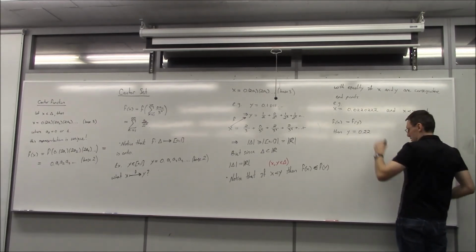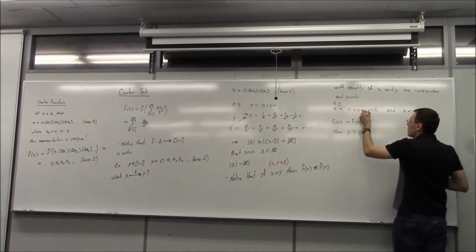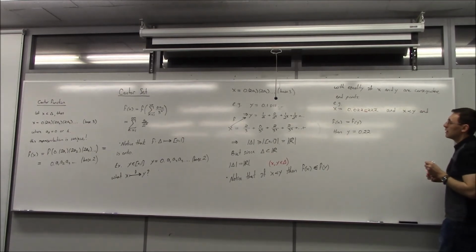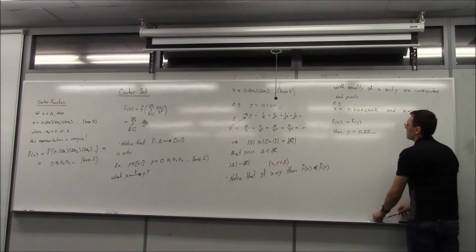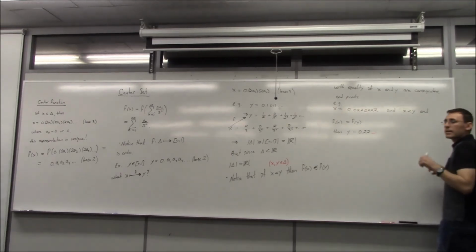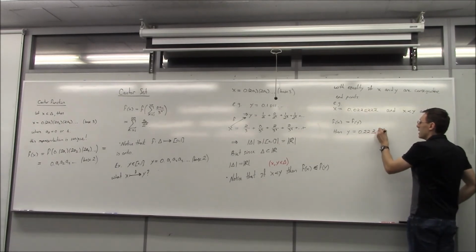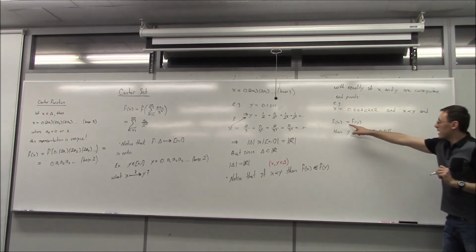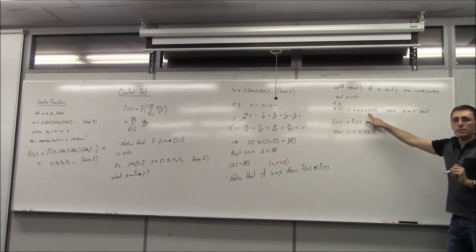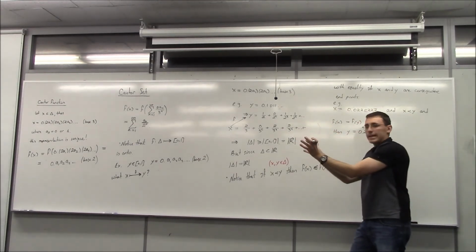So there is a 0 here. Look at here. There is a 0 here. So what must be here? It must be the right interval. So there must be a 2 here, followed by zeros. Okay? If f of x is equal to f of y, that's the only possibility. Only the endpoints of the consecutive deleted intervals.